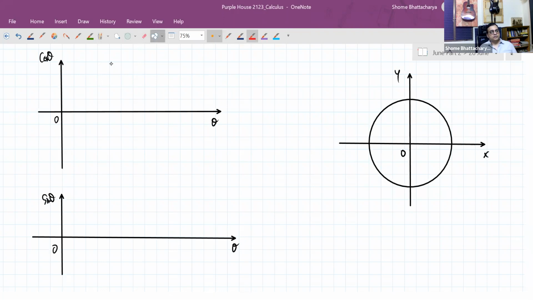So for example, when we are in the acute angle region or the first quadrant, you can see that as theta is increasing, your base is decreasing. So cos theta, or basically your x component, is decreasing. So cos theta is decreasing from 1 to 0. And your sine theta, on the other hand, the y component, is increasing from 0 to 1.